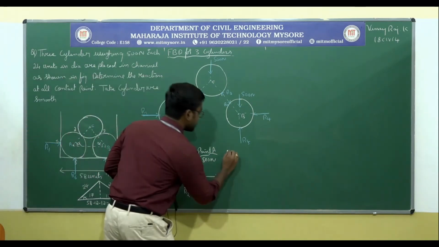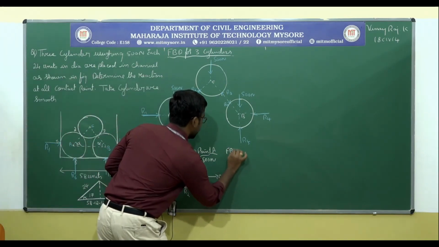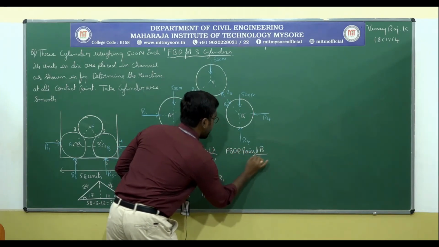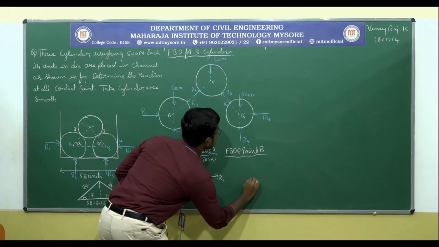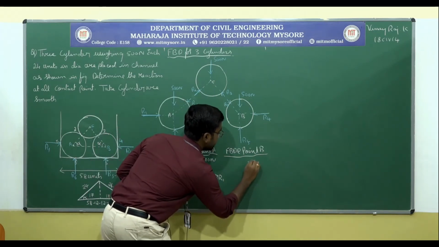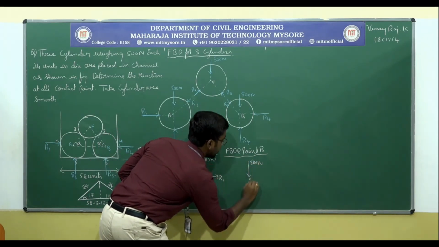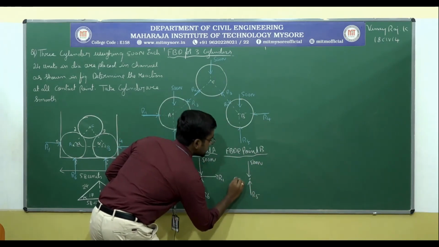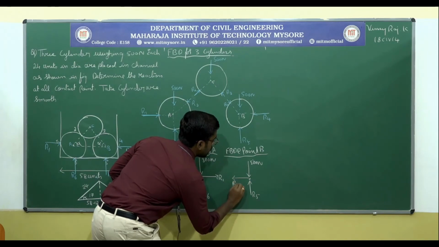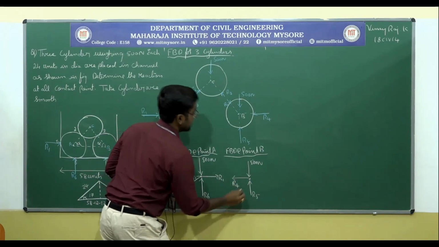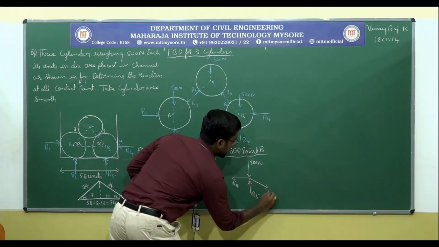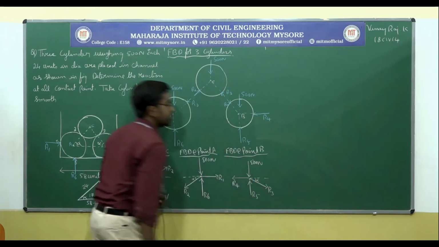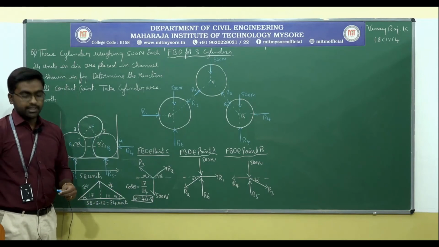Okay, next. Free body diagram at point B. So this is point B and this will be 500 Newton and this will be R5 and this will be R4 and this will be R3 with respect to horizontal, and this angle will be equal to alpha, right?